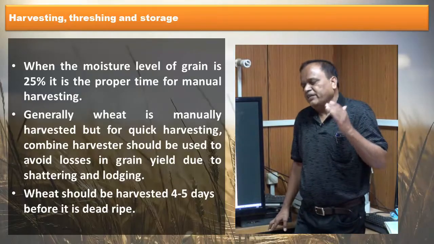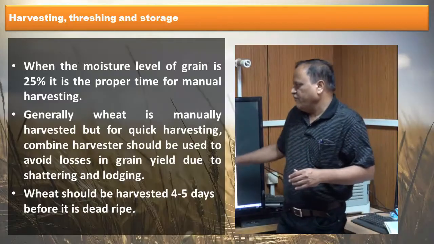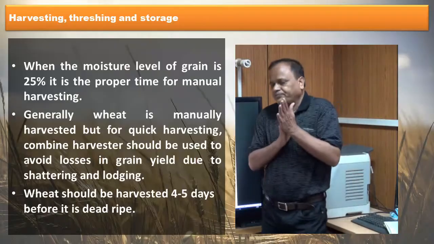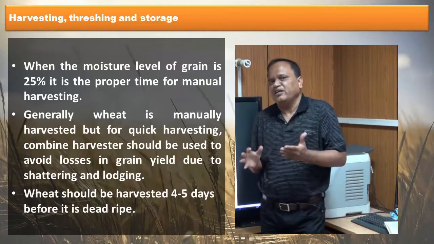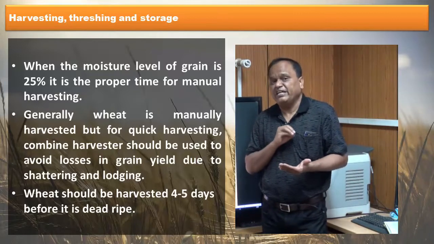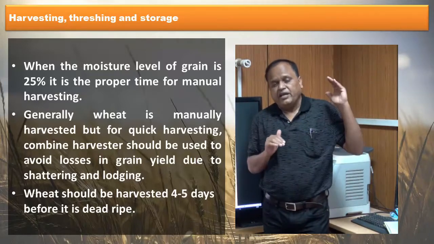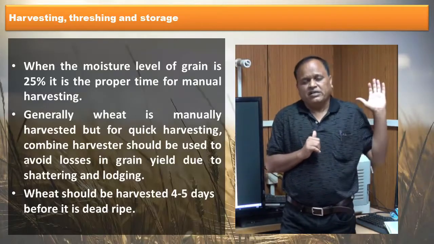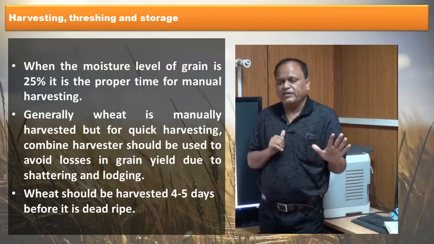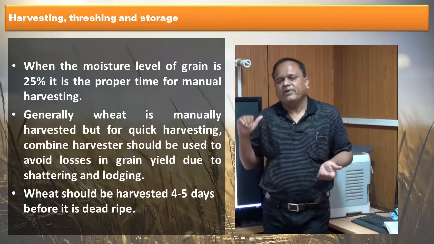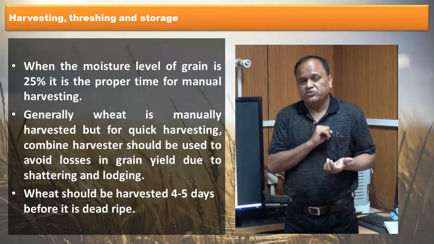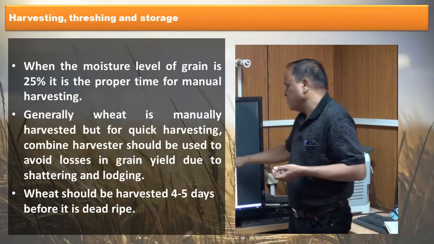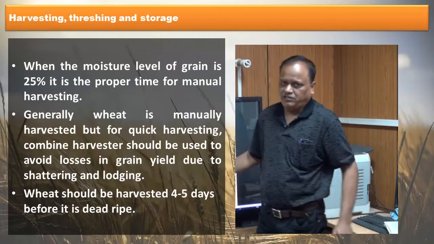But in the case of Jharkhand, we cannot use the combine harvester as the land holding of the farmer in Jharkhand is very small. But nowadays, in traditional wheat growing areas like Punjab, Haryana, Western UP and Madhya Pradesh, the combine harvester is widely used to save labor and to avoid losses due to shattering and lodging.